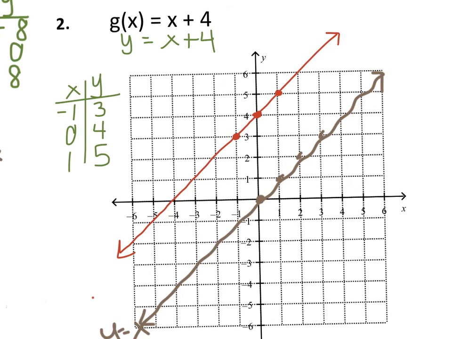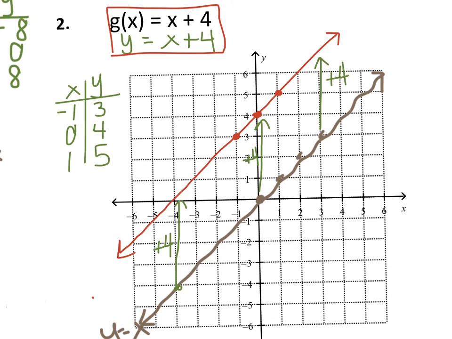And so as you can see, this equation up here tells me how my graph is going to shift from that parent function. So from Miss Olson's squiggly parent function, every single point is shifting up 4 units. So this point right here is shifting up 4 units.